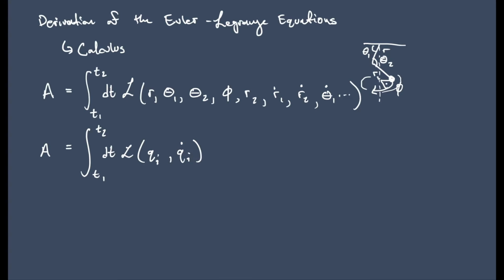So what are the q's? Whatever value of i we have in here, say q1 is equal to r1, q2, our second independent variable, is r2, q3 could be our first angle, q4 is our second angle, and q5 is the azimuthal angle, something like that.